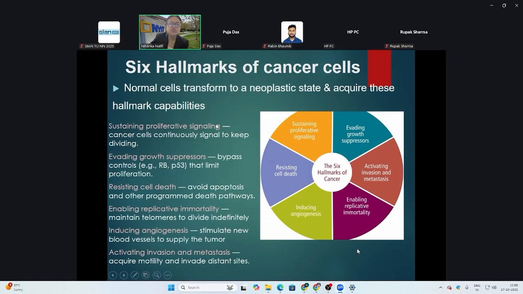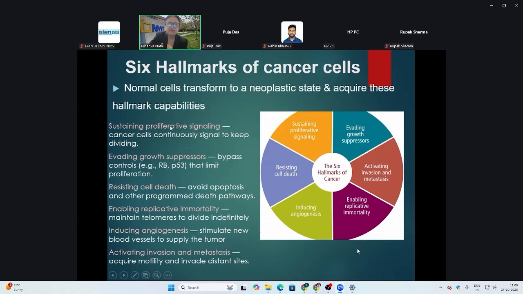If there's too much signaling for proliferation, that becomes a problem. Cancer cells will continuously signal to keep dividing, and those signals just do not stop. Those signals are not supposed to be there all the time. So, sustained proliferative signaling.